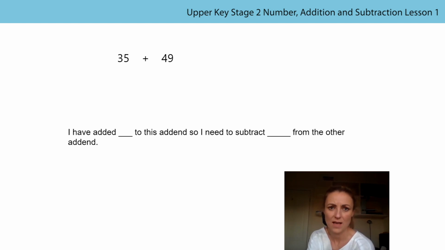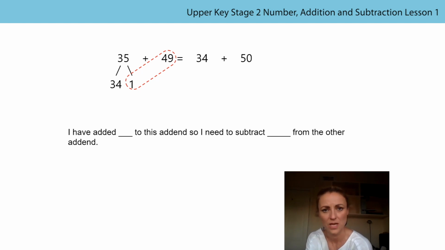But what this is going to highlight is how we then partition the 35 into 34 and 1 so that we can redistribute those addends, and the 1 can be redistributed to the 49, leaving 34. And that then becomes an equivalent calculation. 35 add 49 is equal to 34 add 50, which is equal to 84. Our sum has been conserved all the way through. That has not changed.